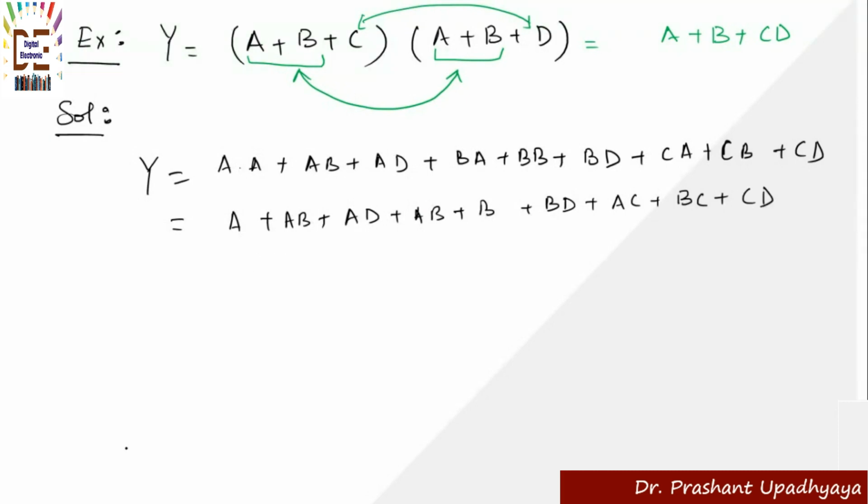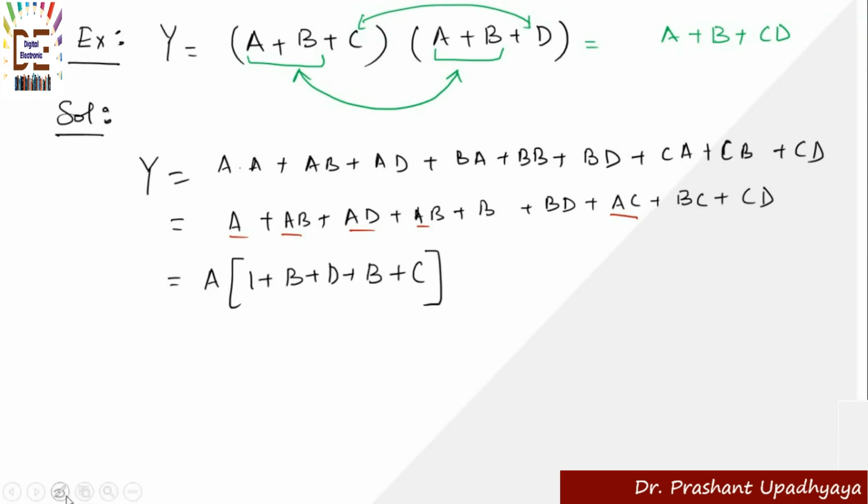Now again, where a is common, I take a common: a times 1 plus b plus d plus ab, plus ab again can become 1, but I am writing only b plus c.